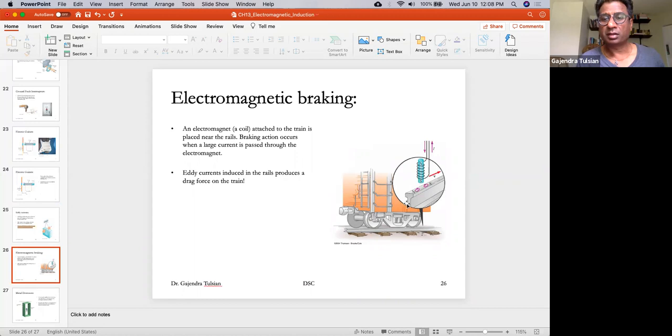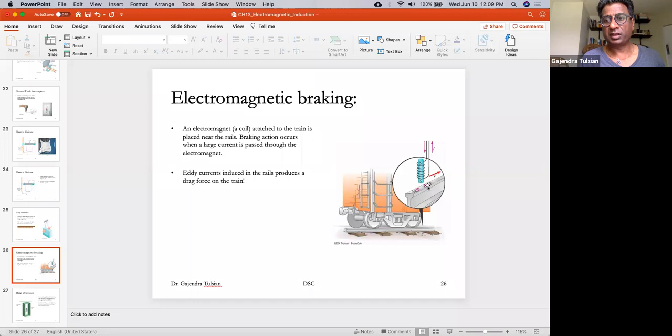So when you want to stop the train, instead of frictional braking using brake pads, here's the loop. All you do is flip a switch, pass a current through this coil, and just like in the eddy current, this will stop the train.